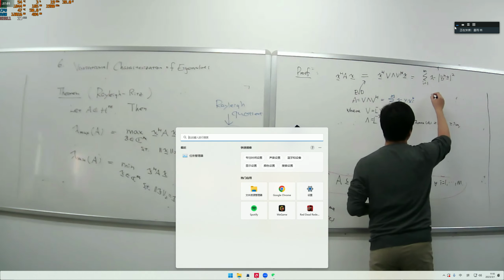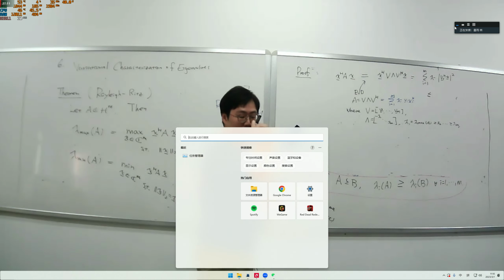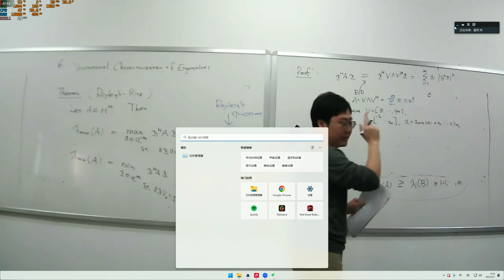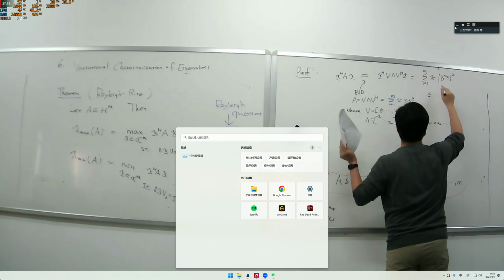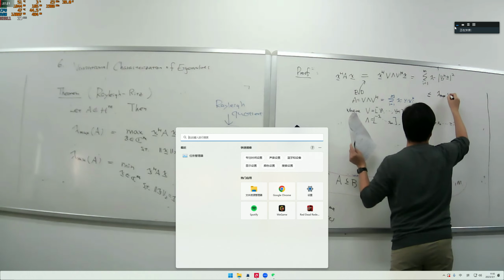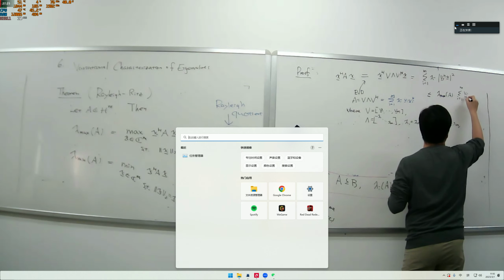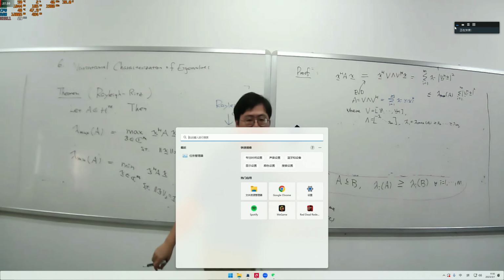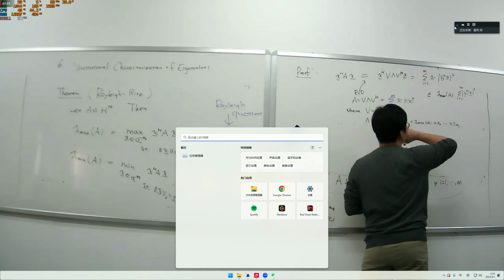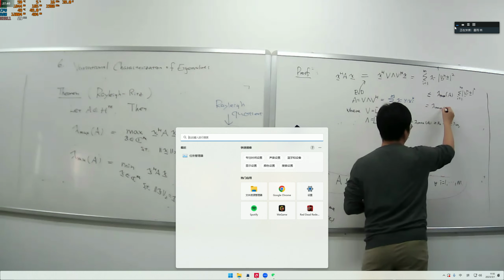Then of course this is no larger than what we get if we replace lambda i by lambda max, because each of them is no larger than lambda max. So then this is lambda max times the summation of the squared terms.